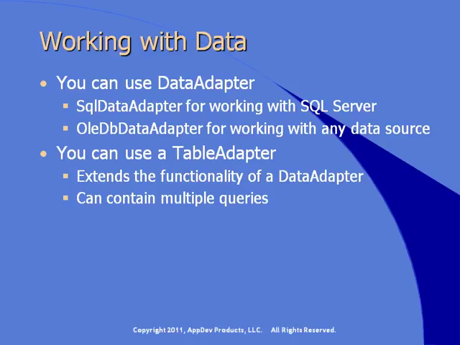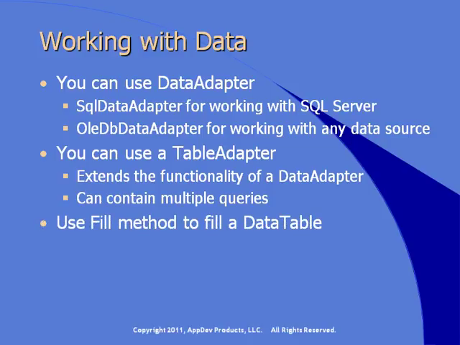So you might have a data adapter with a SQL statement that says bring down all of the customers in the customers table. A table adapter might have a SQL statement to bring down all of the customers, but it might also have a SQL statement to bring down only the customers for a particular customer ID or the customers in a particular country.